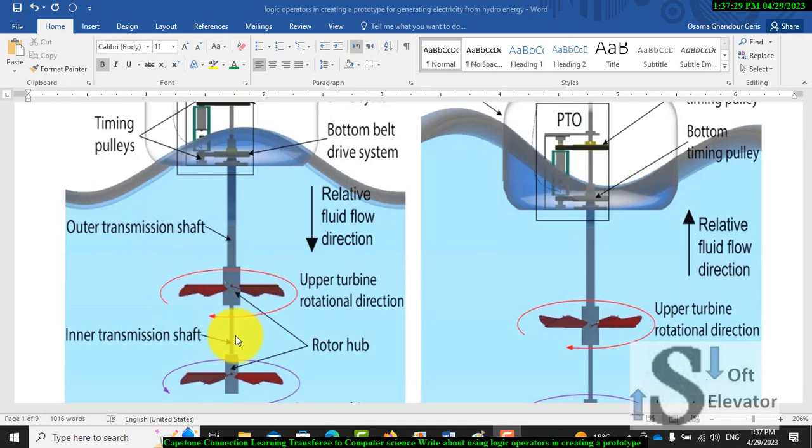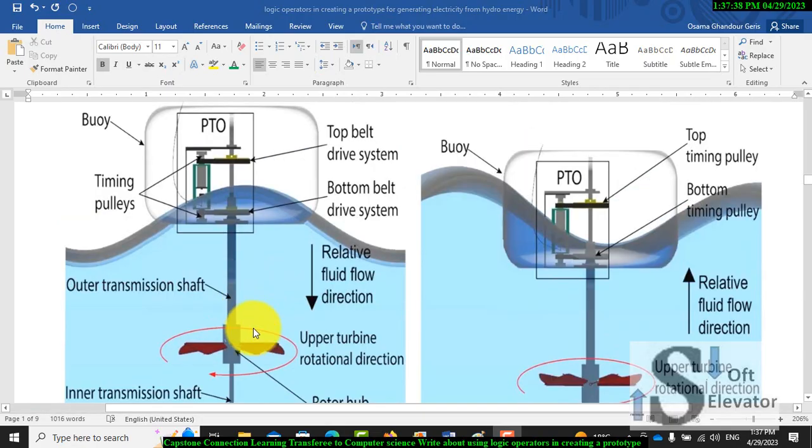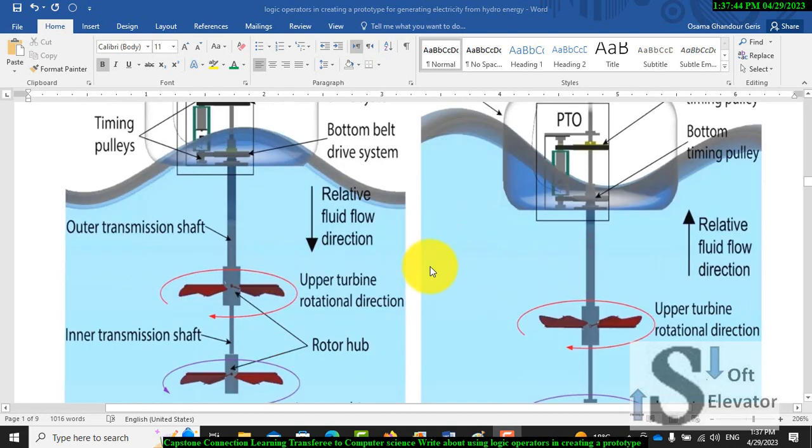So we have the inner shaft coming down, and the upper turbine or outer turbine for the outer shaft, which is toward up. And you can understand this image and know how it works clearly.